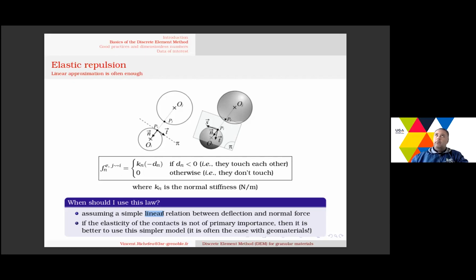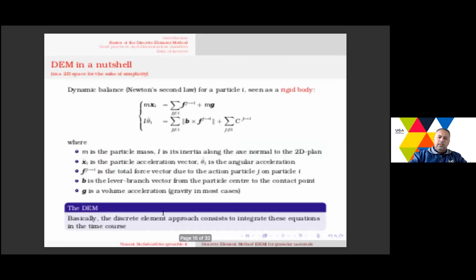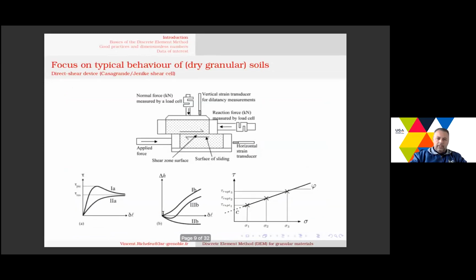But most of the time, it depends on the application, but when we model geomaterial or granular packing, which is dense, most of the time we don't mind about elasticity. Okay, if you remember the typical mechanical response, maybe you have in mind the behavior of metal, where we've got an elastic part and then something which is like this, with softening or not. But with metals, this part is an elastic part.